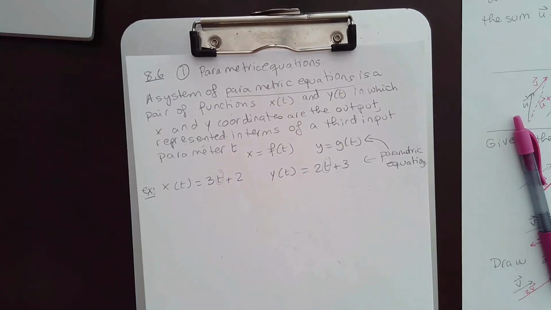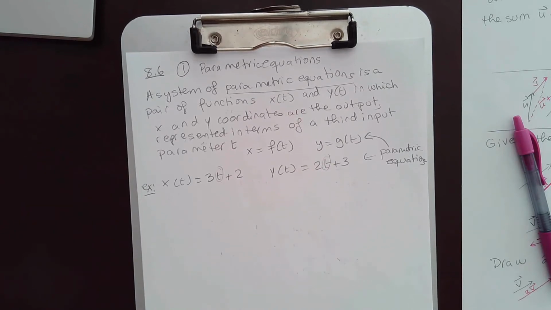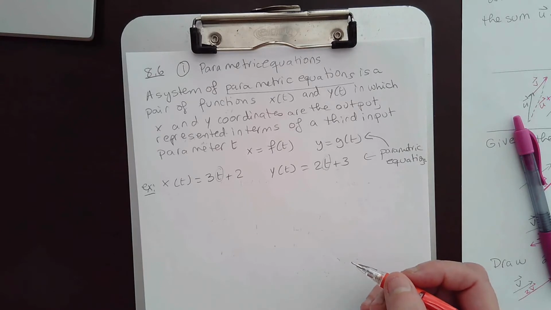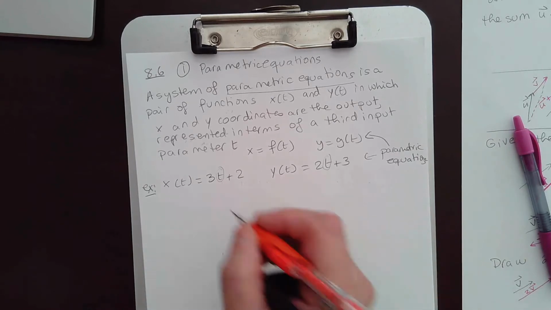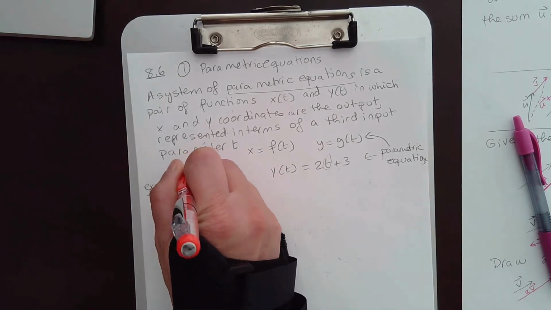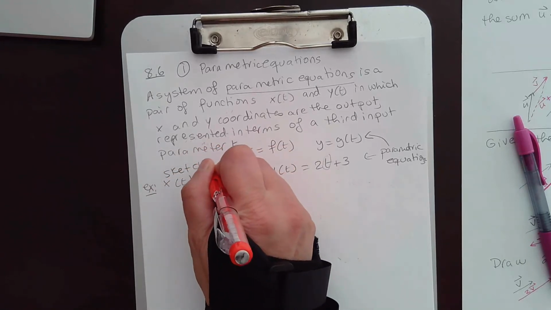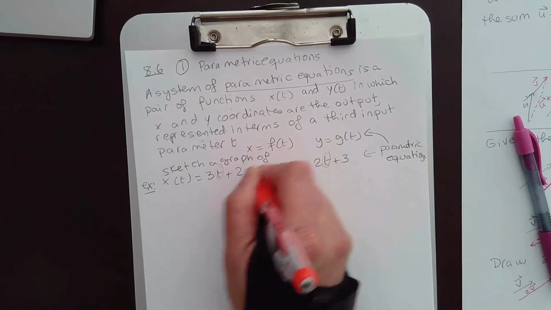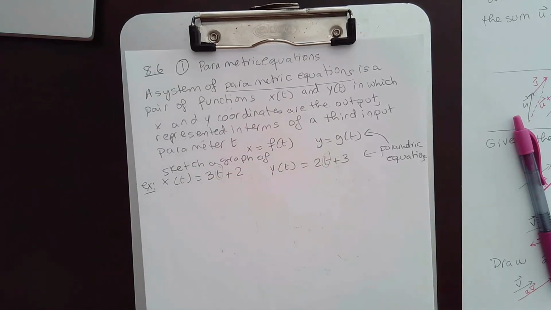So let's go ahead and do that, okay? Let's have an example. Let's actually have this example here. x(t) equals 3t plus 2, and let's go ahead and sketch the graph of x(t) equals 3t plus 2 and y(t) equal to 2t plus 3.